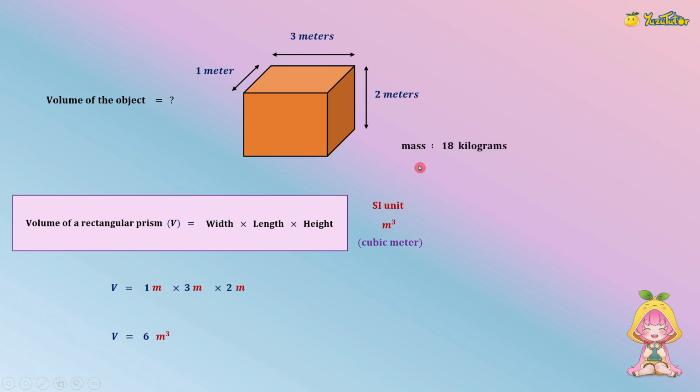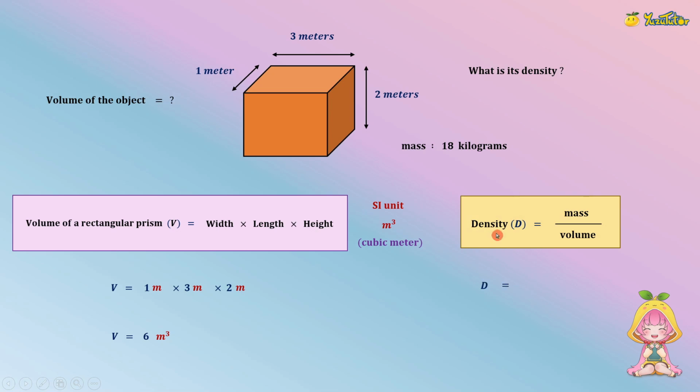Now suppose this box has a mass of 18 kilograms. What is its density? To find density, use this formula. Density equals mass divided by volume. So D equals mass, 18 kilograms, divided by 6 cubic meters. 18 divided by 6 equals 3.